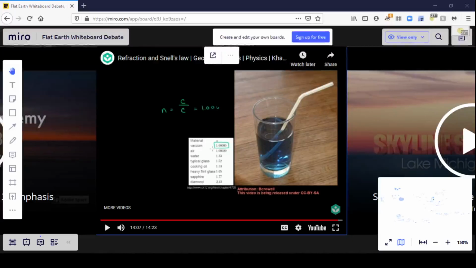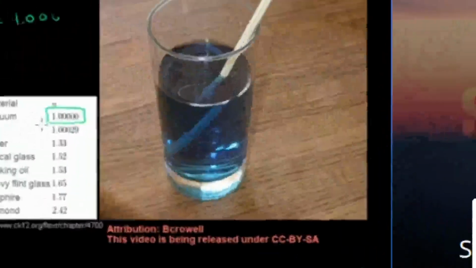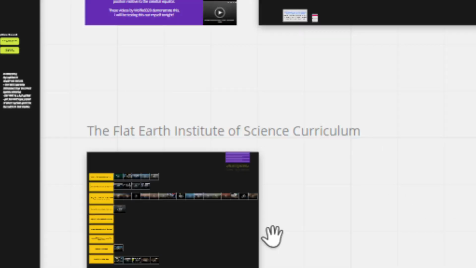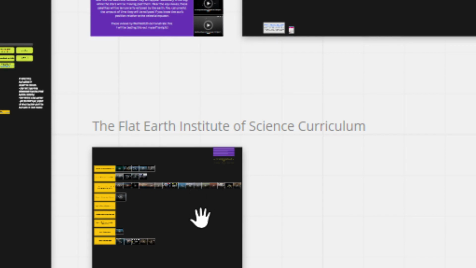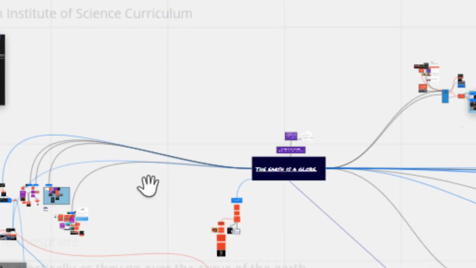Well, let's see this little chart right here. Go in real deep, see if we can. Oh, whoa, uh-oh. What happened? Oh, no. I messed it up. Hold on.